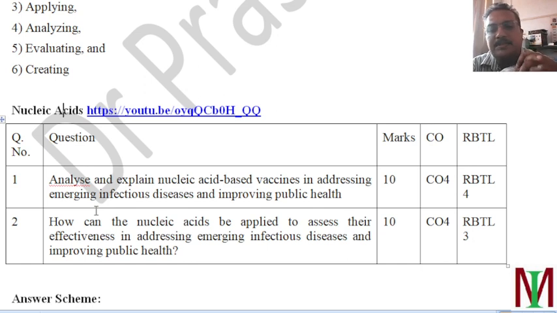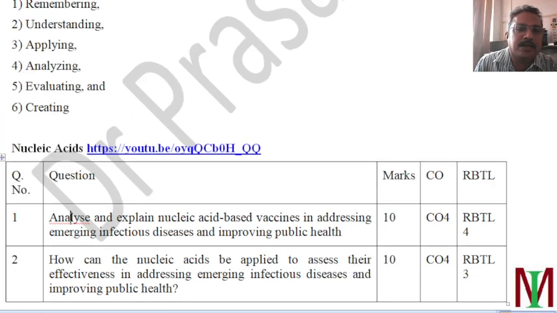By seeing the questions, if you don't have any study material prepared, it matches that level. Since I prepared the study material based on this level, I have already communicated it to you. Now I am giving the question, so if you write it, it covers that particular level. Analyze, the word used, therefore it comes under level 4.